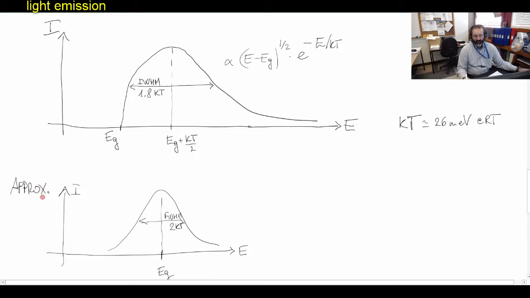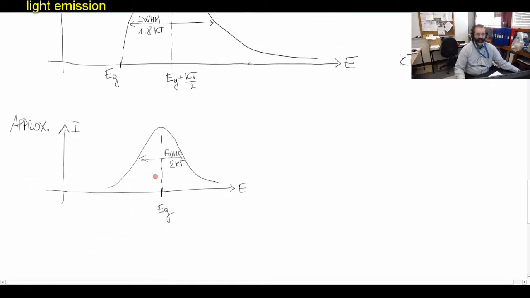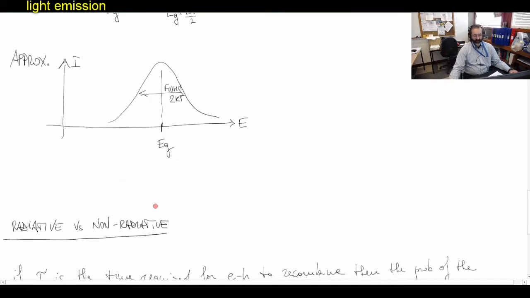Because the width is so small, and also the peak position is extremely close to Eg, we could, in our mind, really approximate things and say that it would be completely fine to say that effectively the spectrum of the photons emitted from the direct recombination process in semiconductors is a distribution like this one around Eg, with a full width at half maximum of 2 kT. So this would be absolutely a fine approximation.